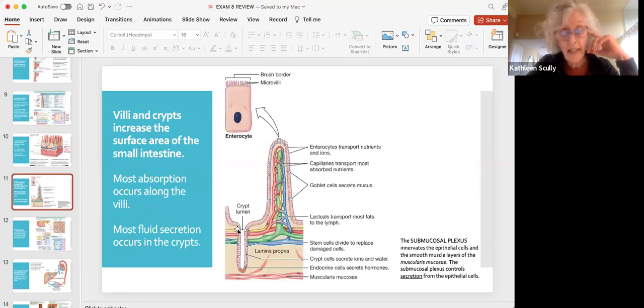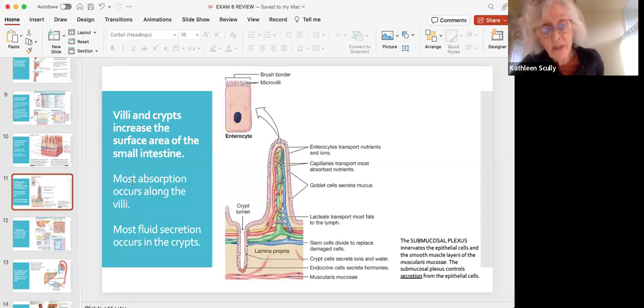Here we're looking at a villi and a crypt and the lining of the small intestines. And again, remember that the submucosal plexus is going to control secretion from the epithelial cells. And important in a general way, most of the absorption is occurring in the small intestine.